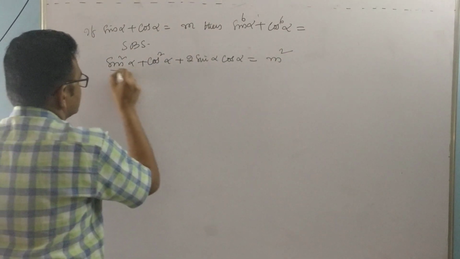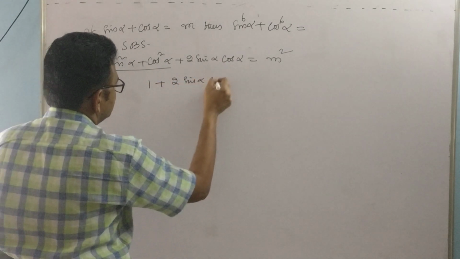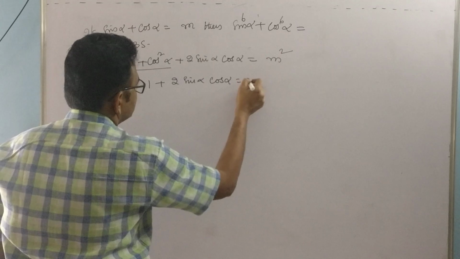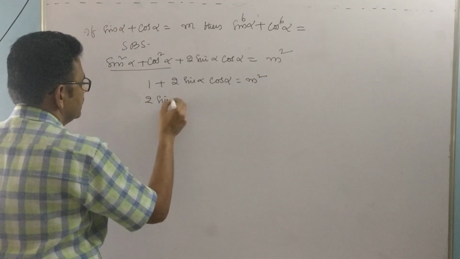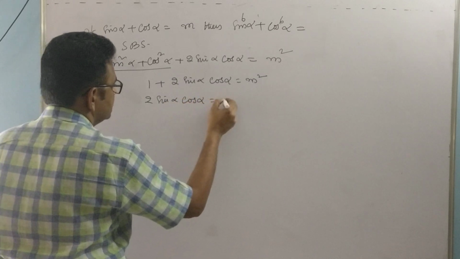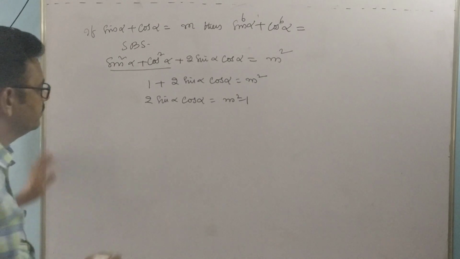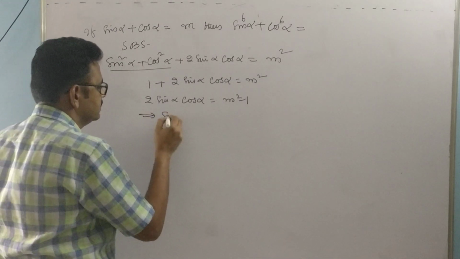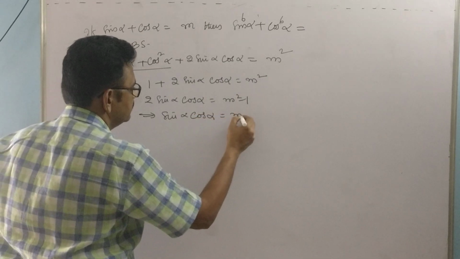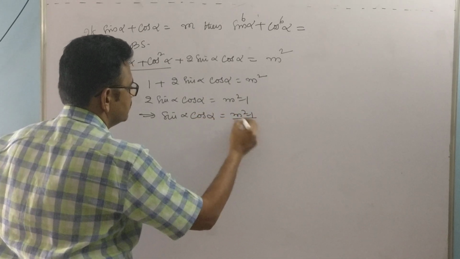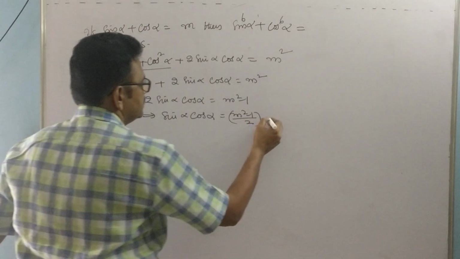So this is 1 plus 2 sine alpha cos alpha is equal to m square. So 2 sine alpha cos alpha is equal to m square minus 1. So this implies sine alpha into cos alpha is equal to m square minus 1 by 2. So this is one result.